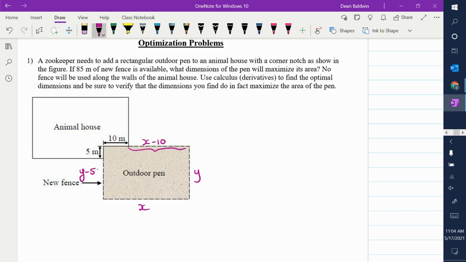Now it's basically the same question. So it's going to look a little different. We're trying to maximize the area. So what's our area formula? What's the area of the outdoor pen? Just X times Y, right? Because it's the area of the whole thing. But what's the perimeter?